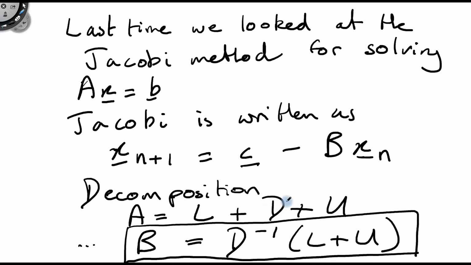The diagonal goes into the D matrix, and this is the matrix we get. So what we want to do now is do the equivalent for Gauss-Seidel. Remember, we're looking at Jacobi and Gauss-Seidel as a pair, where Gauss-Seidel is faster than Jacobi, and we want to compare the two. And in doing so, we understand how iterative matrix methods work in general.